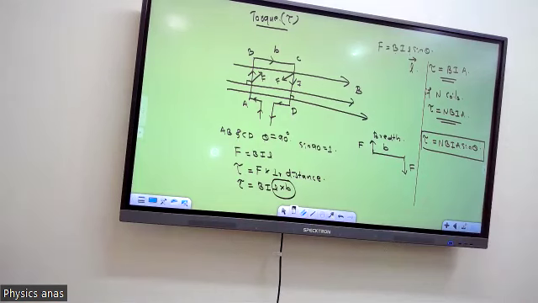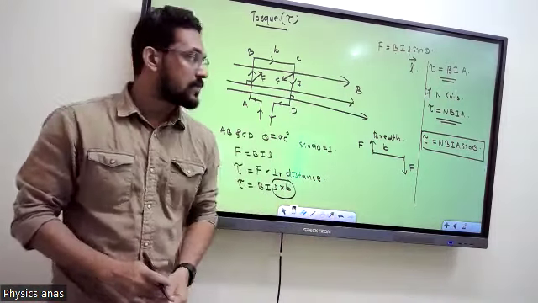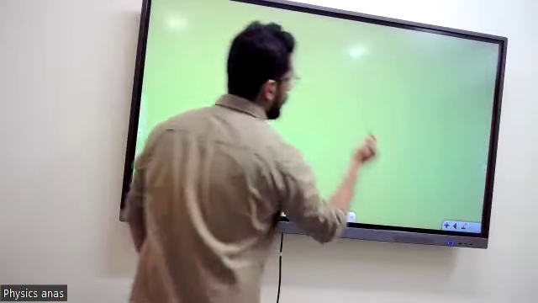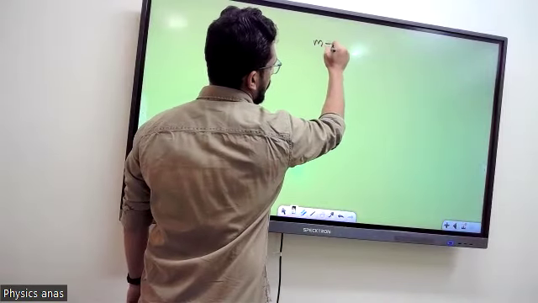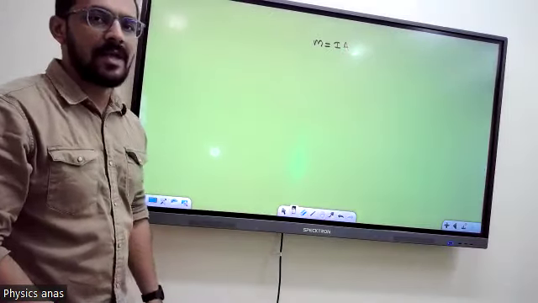We have discussed that, right? A circular current loop can be considered as a magnetic dipole. So what is the magnetic dipole? Magnetic dipole M is I into A.